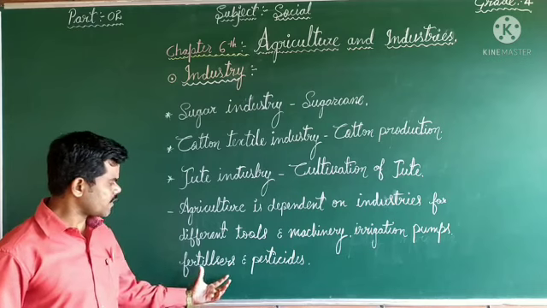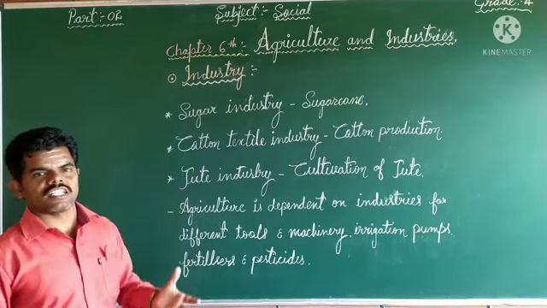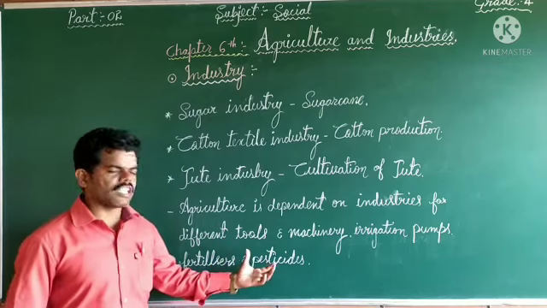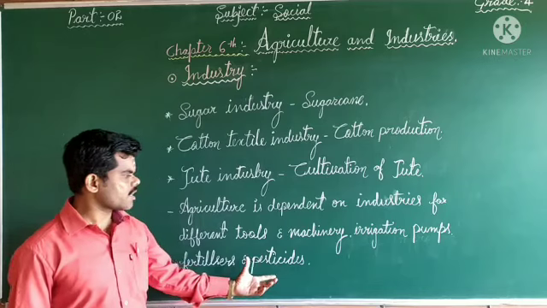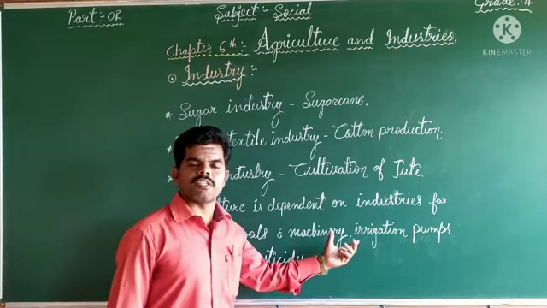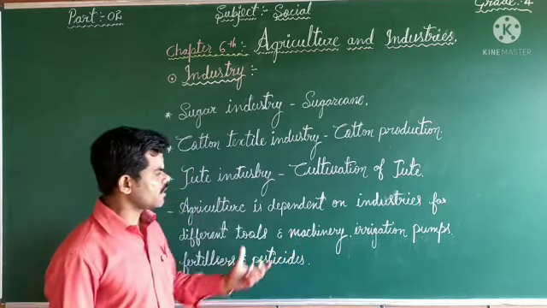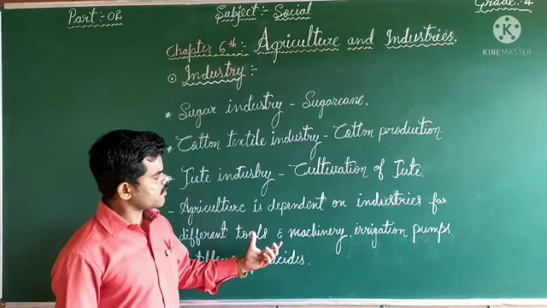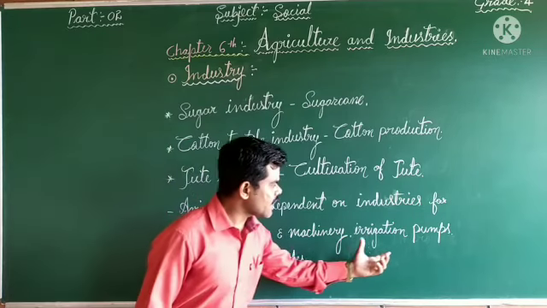Where do we get these fertilizers and pesticides? From industry. There are separate industries in our India for fertilizers, pesticides and machineries. We need machineries also. Where do we get these machineries? They are produced in industries.